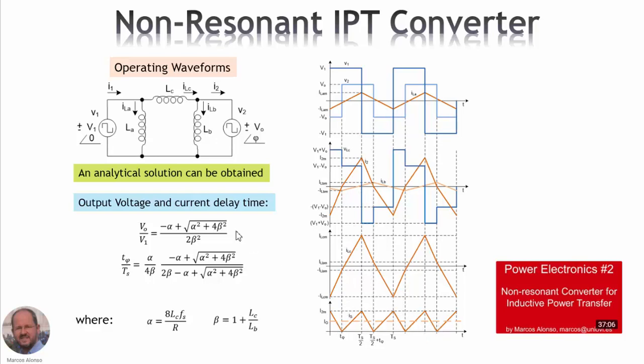So with these equations we can obtain the value of the output voltage. This is the voltage ratio, and then we can also obtain the phase lag of the current, which is also very important to analyze the behavior of the circuit. We have here the parameters and so on.